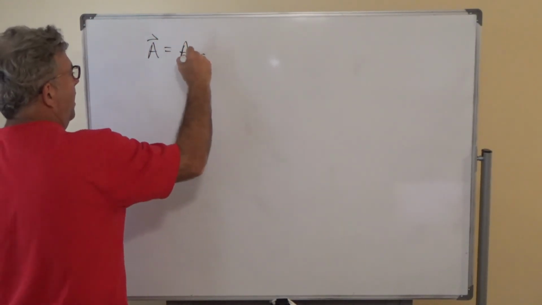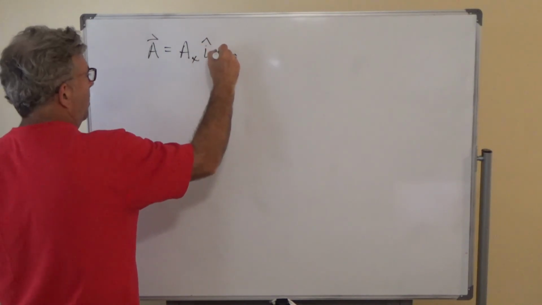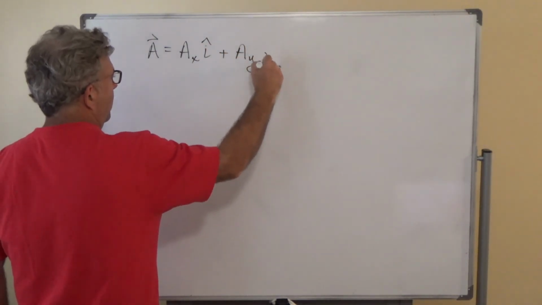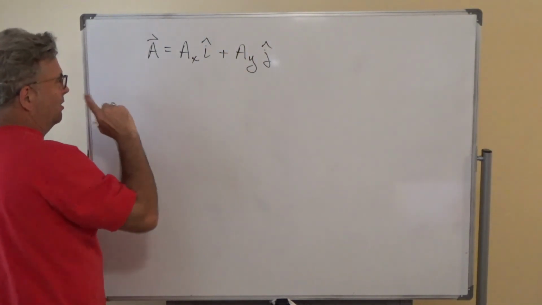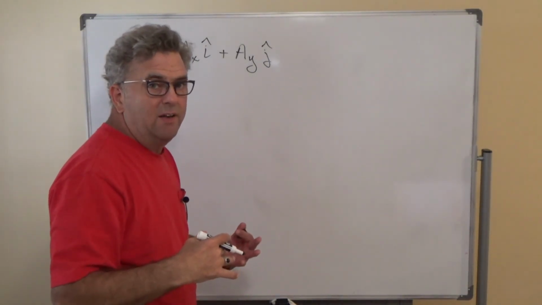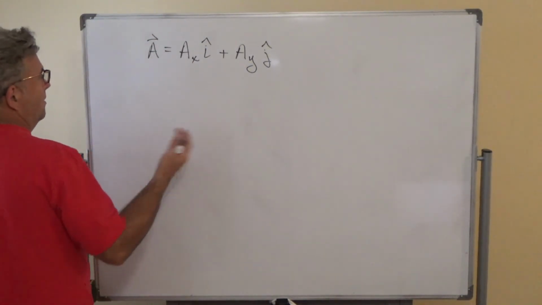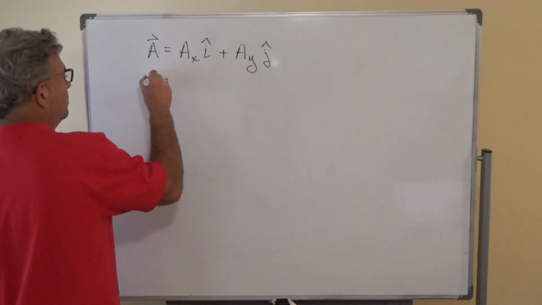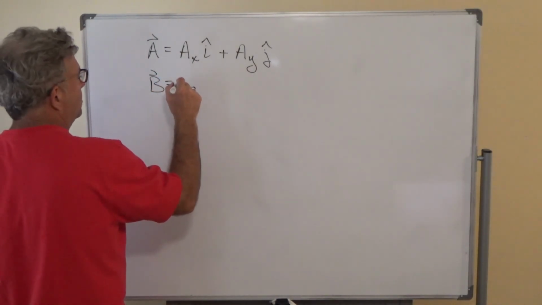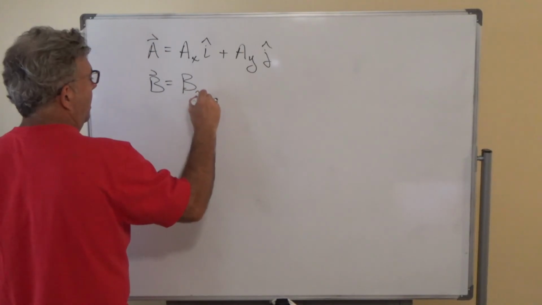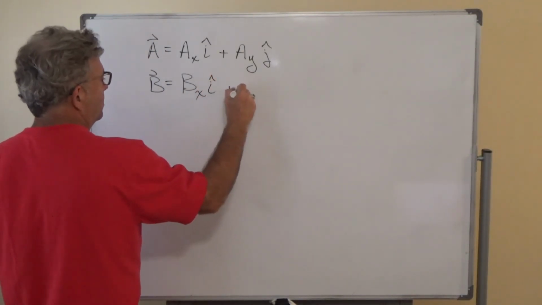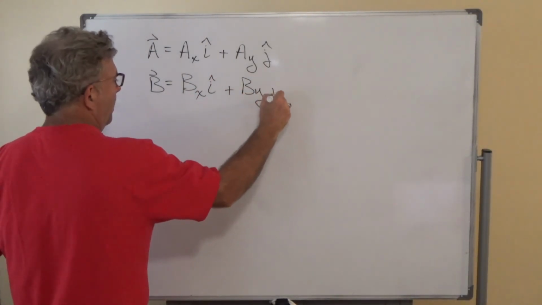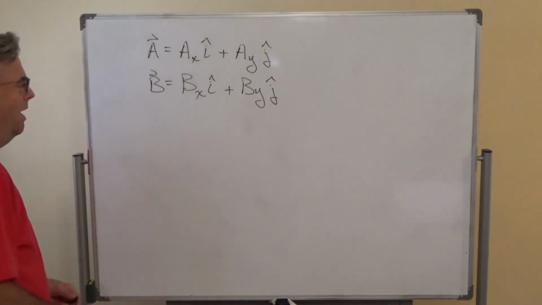I'll do it in 2 dimensions. A is equal to AX i hat plus AY j hat. Like always, this works perfectly fine for 3 dimensions, no worries, or 4 dimensions or 5 dimensions. B is BX i hat plus BY j hat.